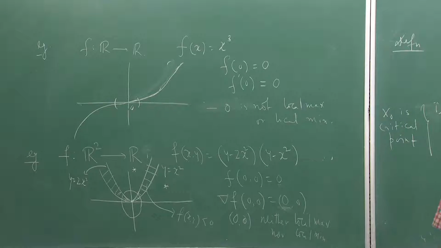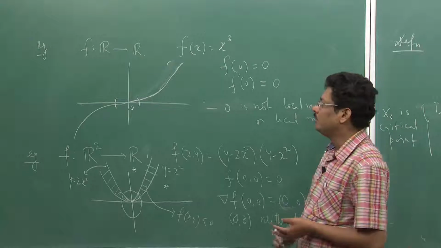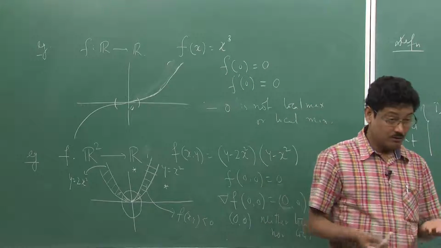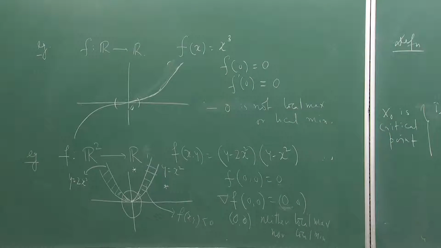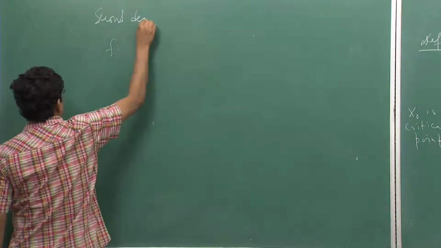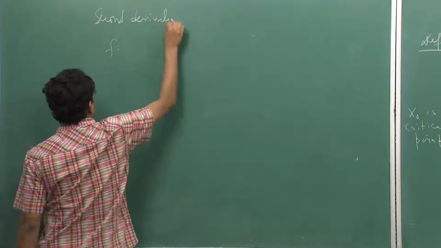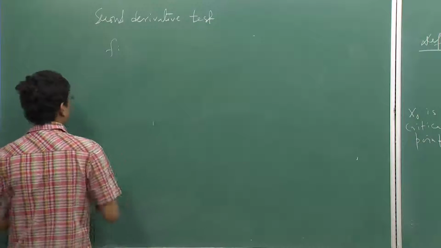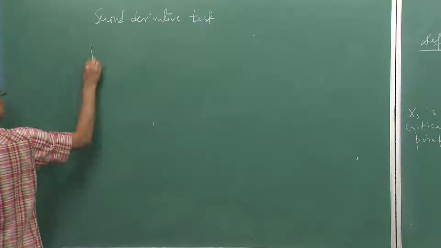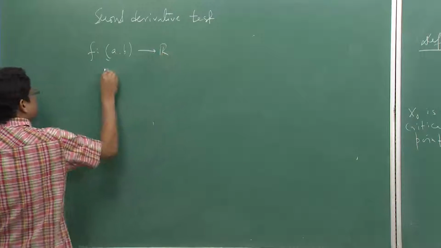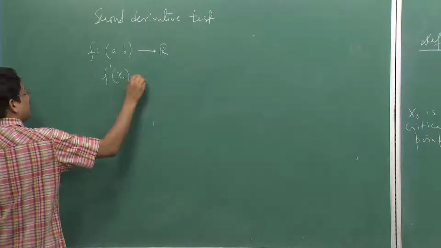Now, you know, for a function of one variable, to check maxima and minima, you go for the so-called second derivative test. So, let me recall what you do there. First you check f prime of x naught equals 0.